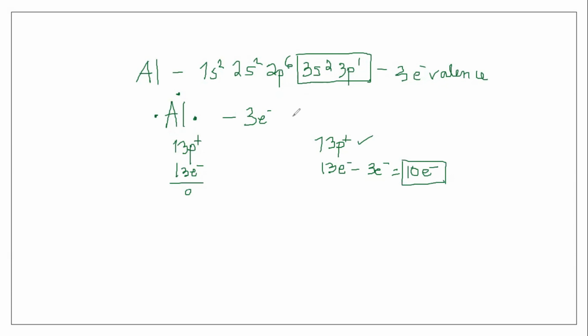So therefore, in this manner, you're just making the element positively charged. Kasi mas marami yung protons mo as compared sa electrons. Ng ilan? Tatlo. Bakit po naging tatlo? Kasi mas lamang ng tatlong protons ito as compared sa electron.